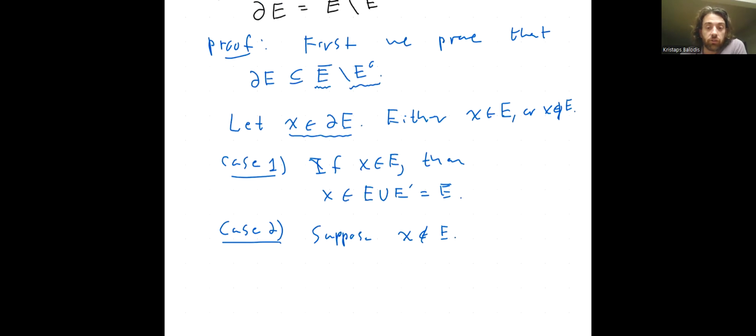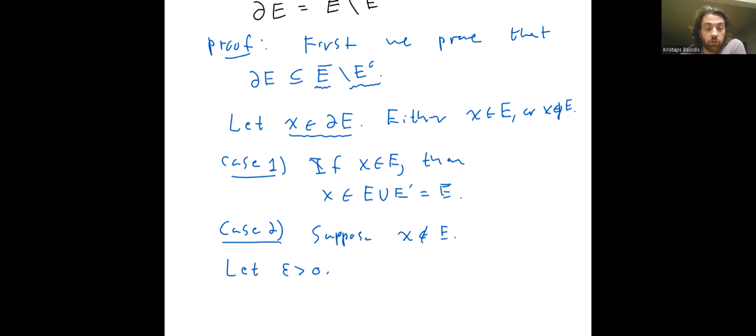So suppose x is not in there. In order to show that, I need to show something about an arbitrary epsilon greater than 0. So I'm going to let epsilon be greater than 0. Now, what can I say about epsilons that are greater than 0?